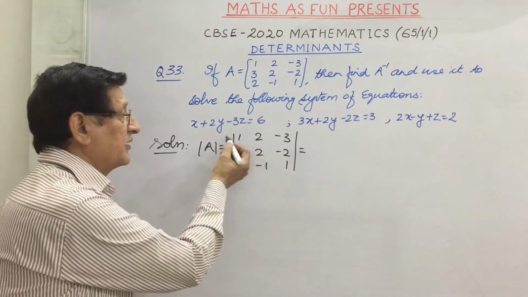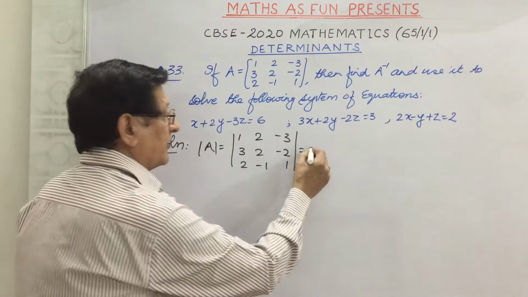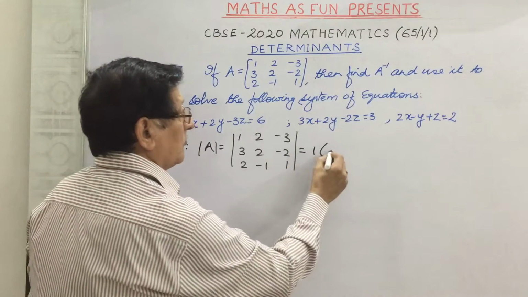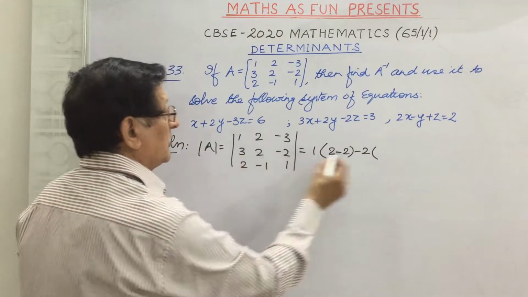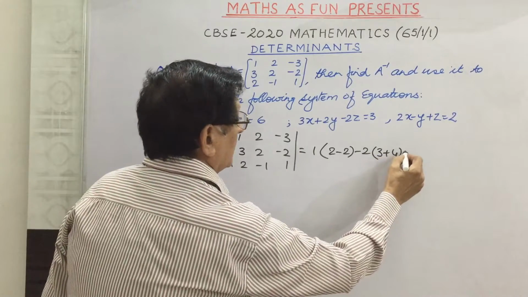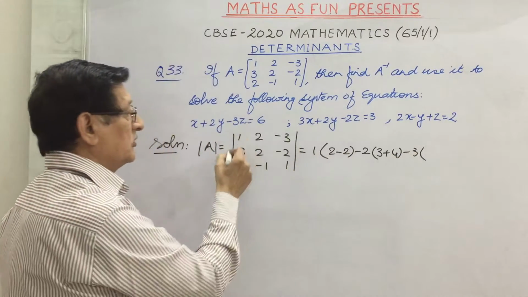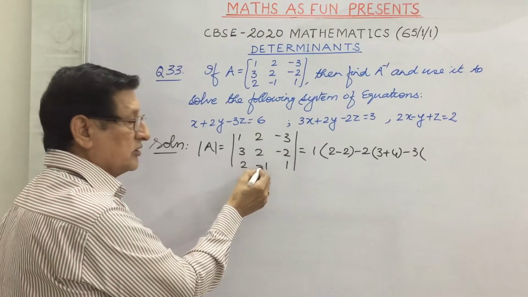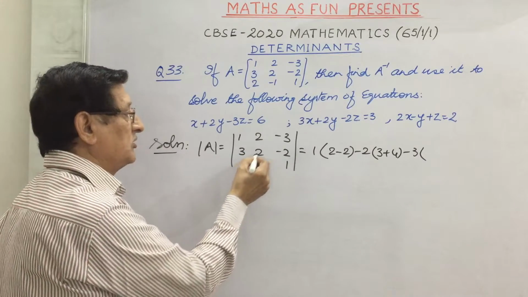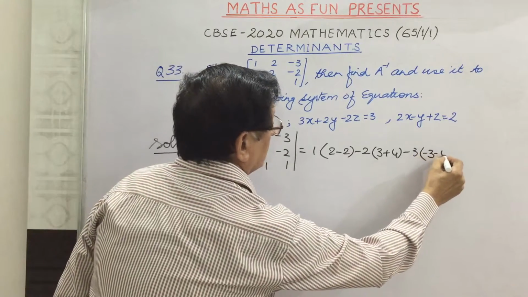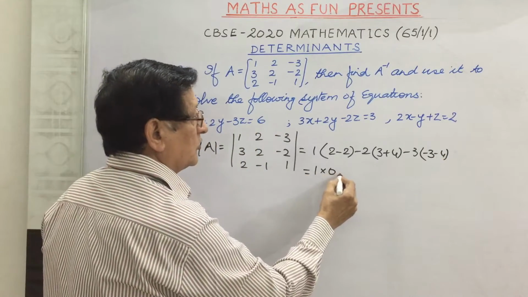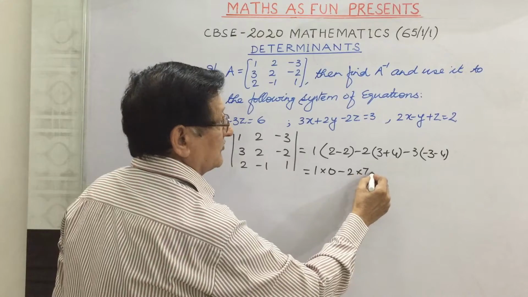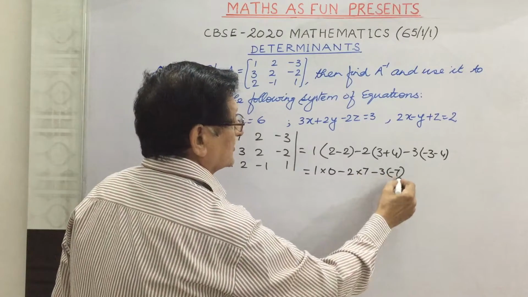And when we expand it about row 1, we get 1 into 2 minus 2 minus 2 into 3 plus 4 minus 3 into 3. This is 3 into minus 1, that is minus 3 minus 4. And the value comes as 1 into 0 minus 2 into 7 minus 3 into minus 7.